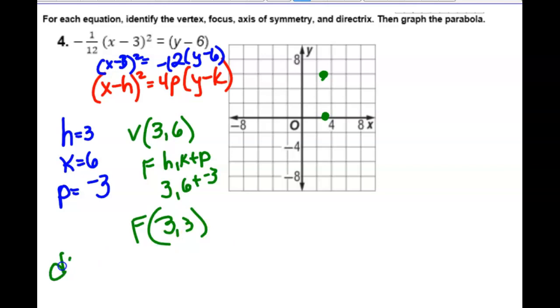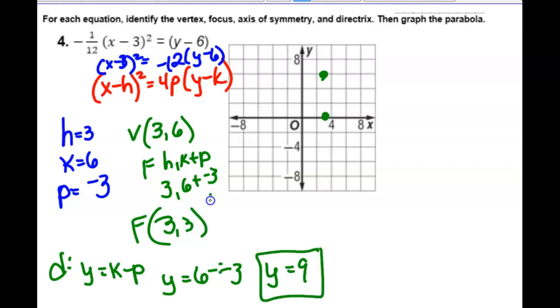And the directrix, the formula is y equals k minus p, which is y equals 6 minus negative 3. So you get y equals 9.